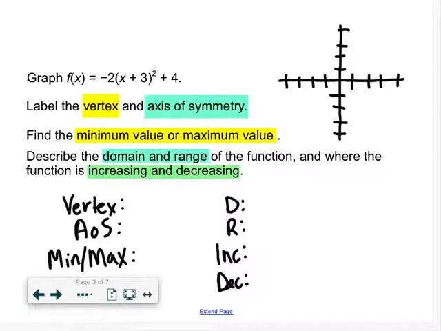It's always in relation to x. So you're talking about left and right on the graph. Where is it increasing or decreasing? You can just write it as an ordered pair, like it is the vertex.